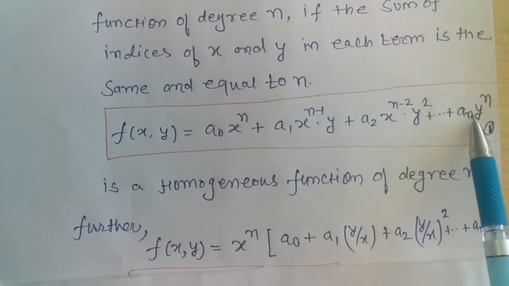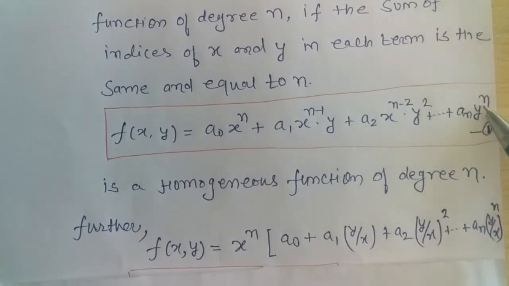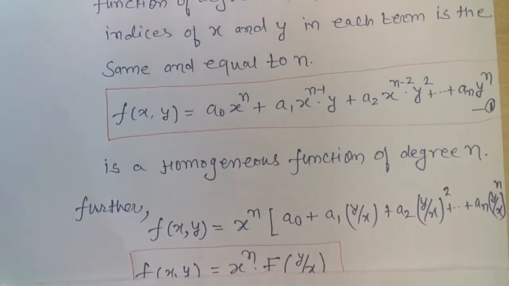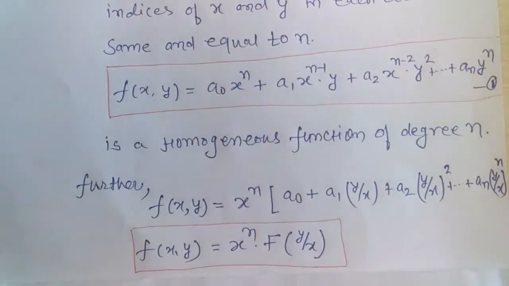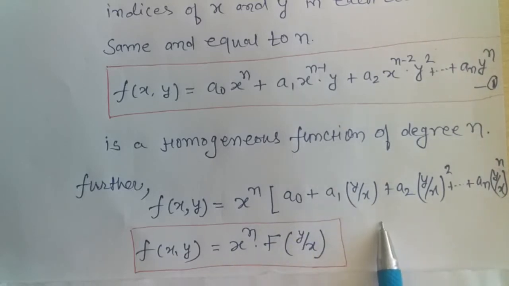Here x^n is absent in the last term, so we divide by x^n, then we have y^n / x^n which becomes (y/x)^n. So a homogeneous function of degree n can be expressed as f(x,y) = x^n f(y/x).